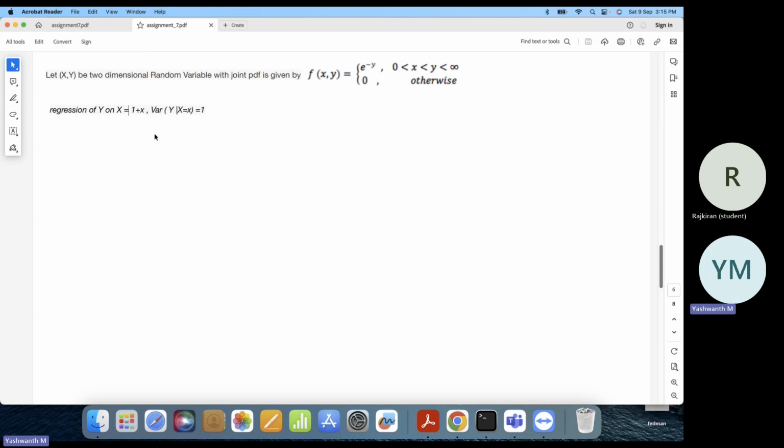You want to approximate y with ax plus b. Once you do some approximation, you want to have a measure of error, right? How good y is approximating with respect to this a times x plus b. So you minimize (y minus (ax plus b)) whole square, and you minimize with respect to a and b. So that is called the regression of y on x.